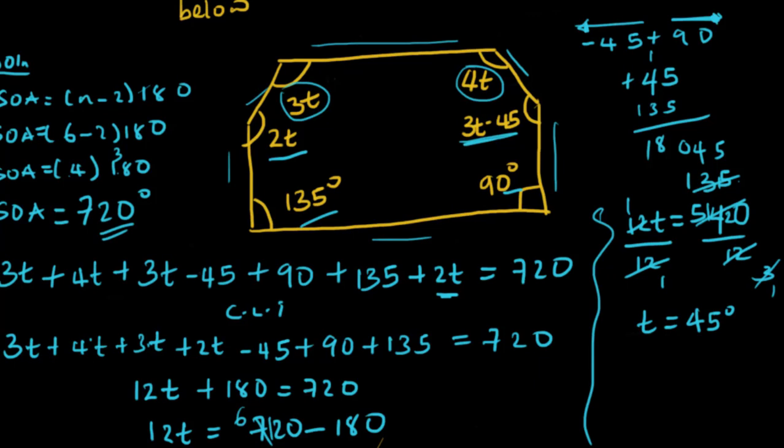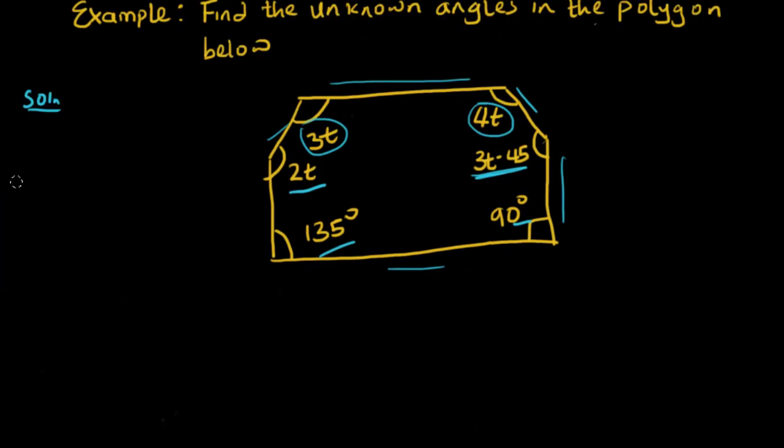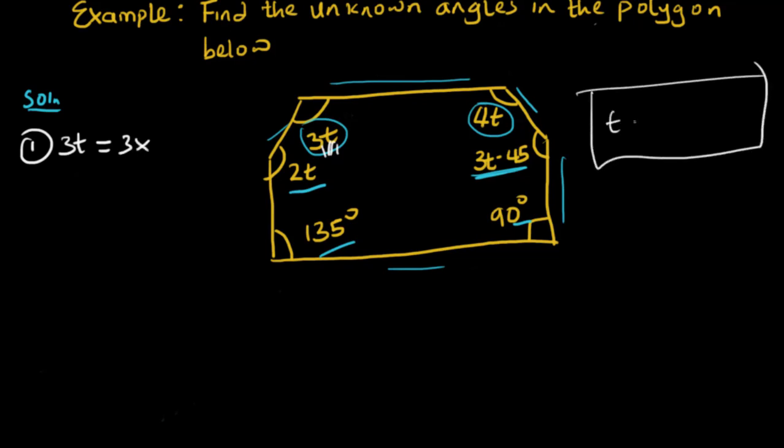So now that we've found the unknown, we need to find the unknown angles. So let's get the unknown angles. The first one is 3t, which equals 3 times 45. 3 times 5 is 15, 5 carry 1. 3 times 4 is 12, plus 1 is 13.